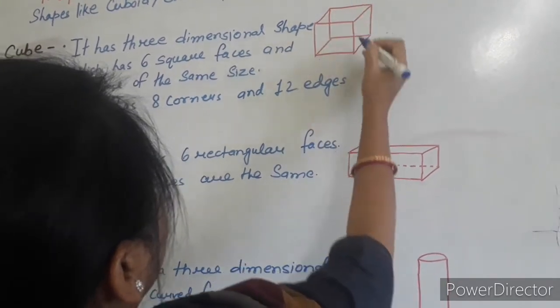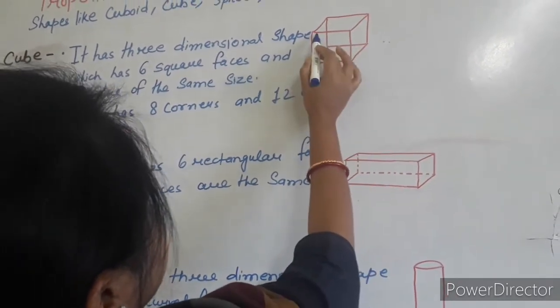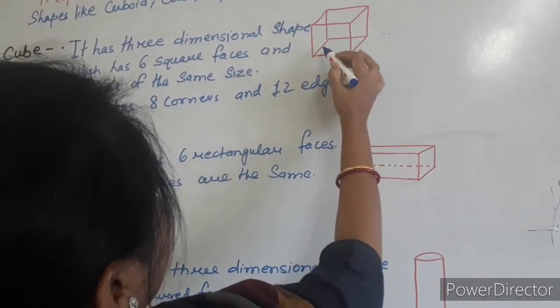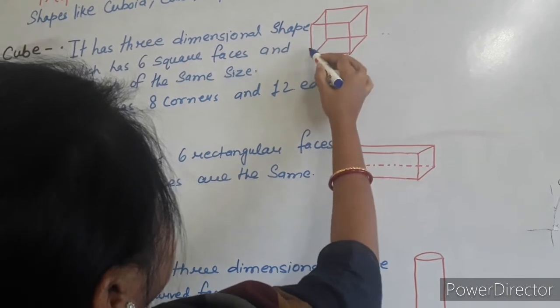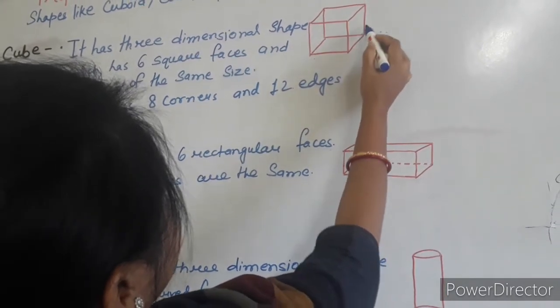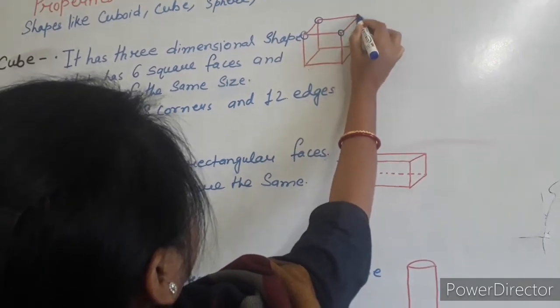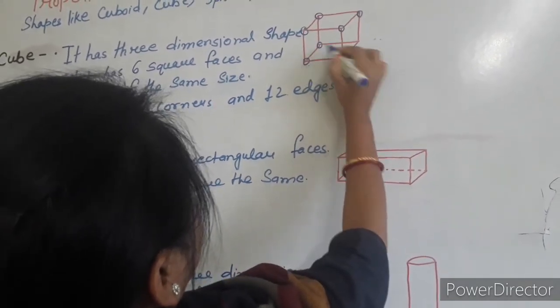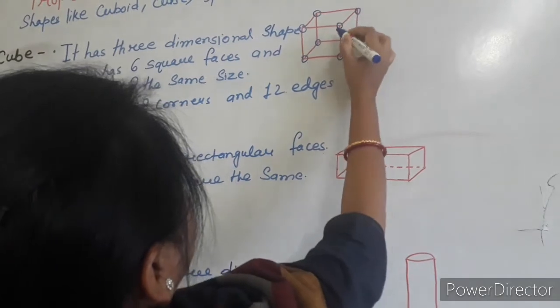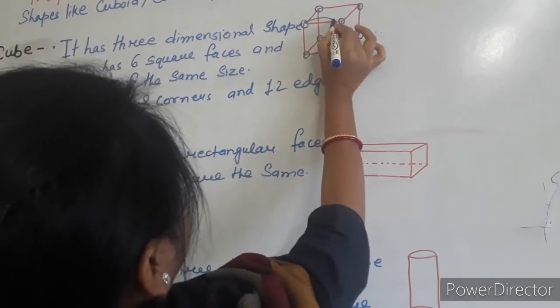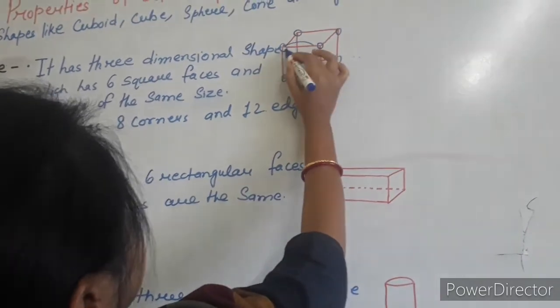These all are corners. And how many edges are there? 1, 2, 3, 4, 5, 6, 7, 8, 9, 10, 11, 12. These all are edges. These all are corners and these all are edges.